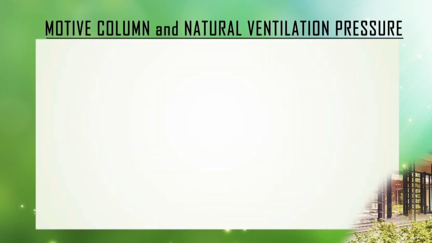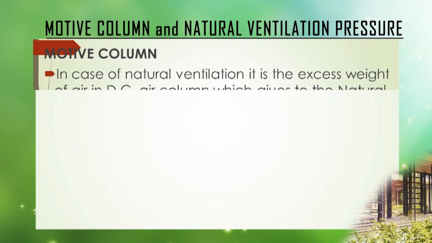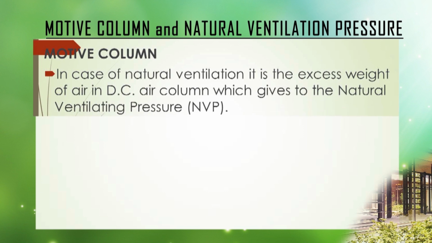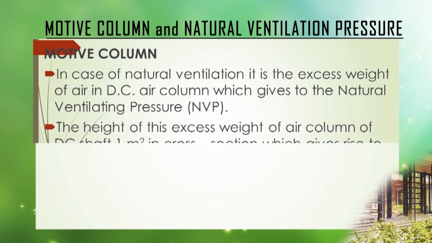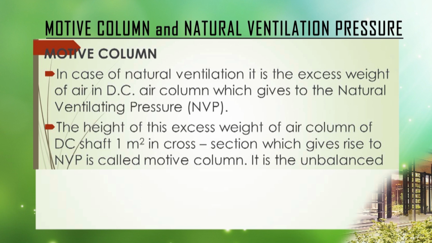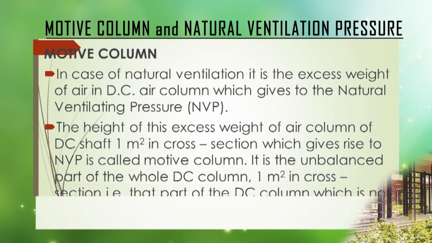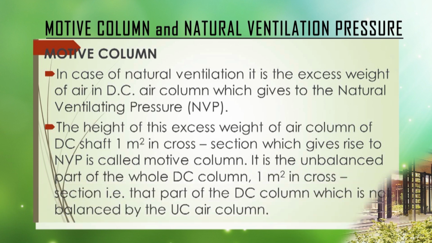Now, an important term is called motive column. In the case of natural ventilation, it is the excess weight of air in the downcast air column, which gives rise to the natural ventilation pressure. It is also called the height of this excess weight of air column in a downcast shaft of 1 meter square cross section, which gives rise to natural ventilation pressure.